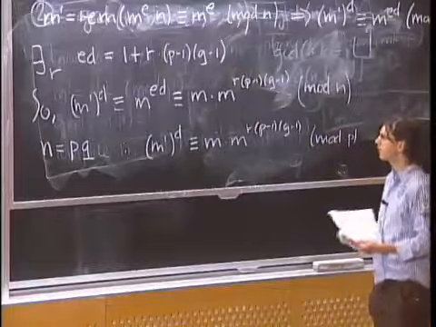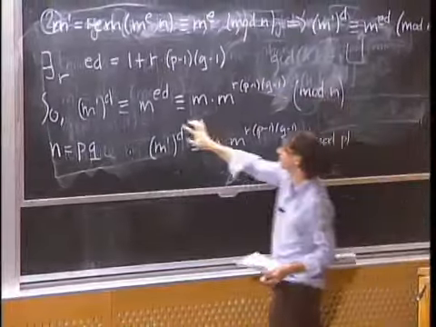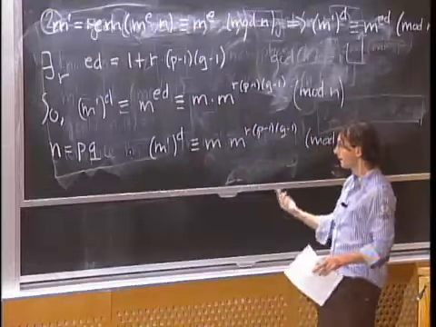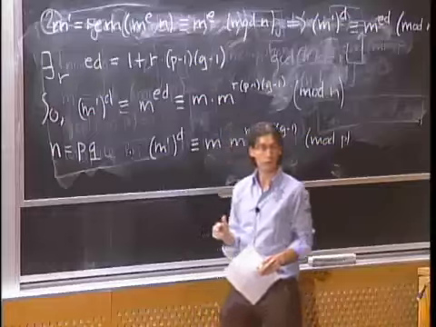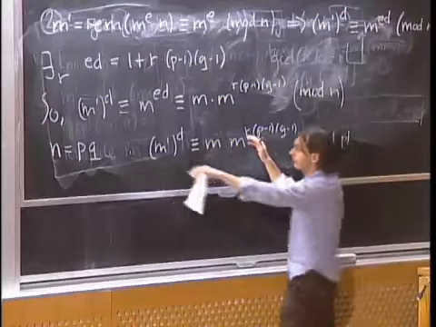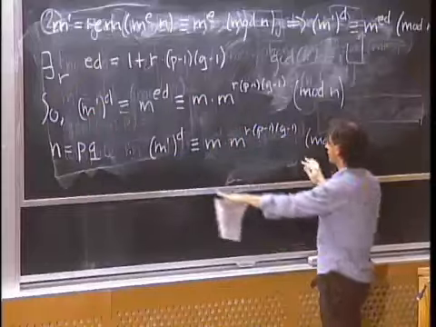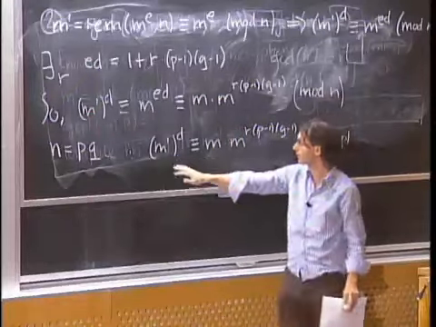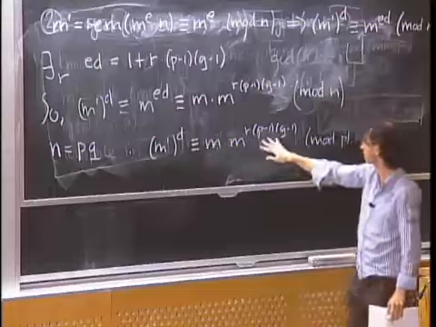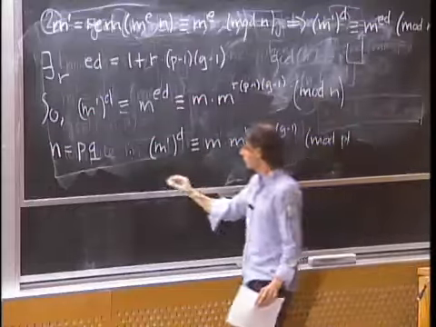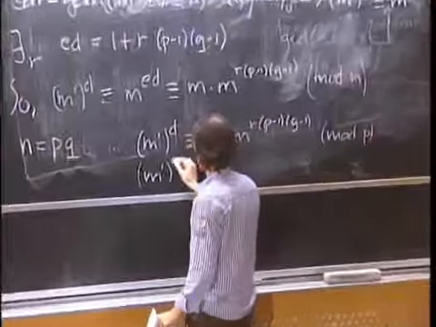Why is that? Well, we know that n divides this difference by the definition of congruency. n is equal to p times q. So if n is dividing this difference, also p is dividing this difference. So that's why we can write m prime to the power d is congruent to this thing, modulo p. And of course, we can repeat this for q.